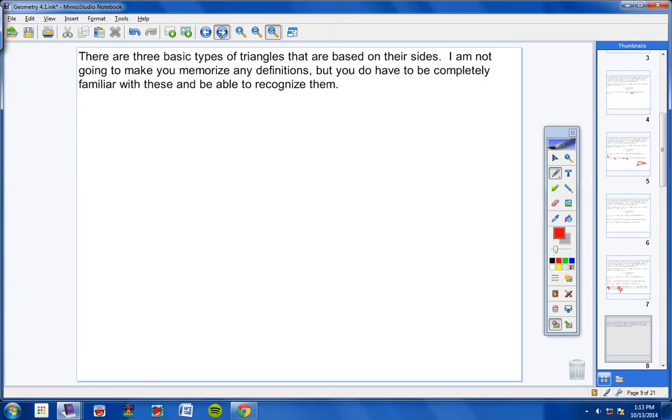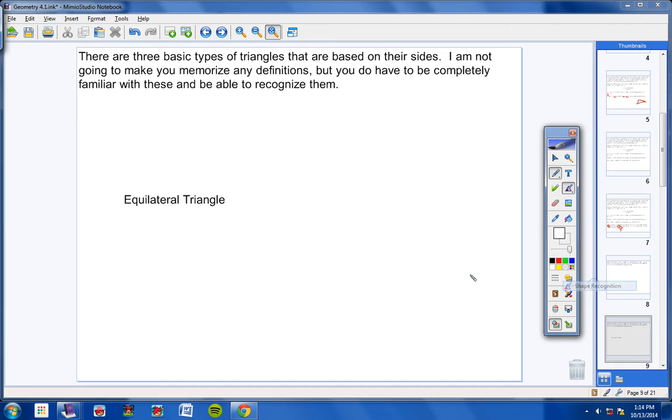Copy this down, please. The first triangle we're going to look at today is called an equilateral triangle. Now write that down, please. I'm going to wait a second while you copy that down. Now, an equilateral triangle is a triangle that has all three sides congruent.